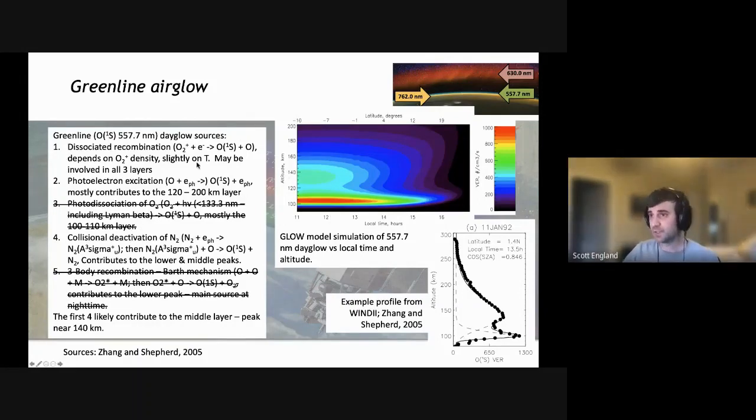But I'm left with dissociative recombination of O2+, plus photoelectron excitation of O, which would be right here, and then collisional deactivation by N2. So it's just not as simple a story. Now you can go run a model like GLOW and try and pull apart what I think is the dominant mechanism at each altitude at each time, but from what I can tell, there's more than one thing producing the excited oxygen.